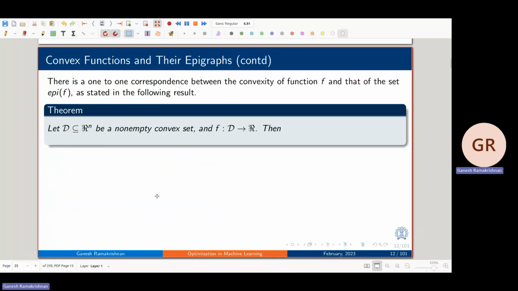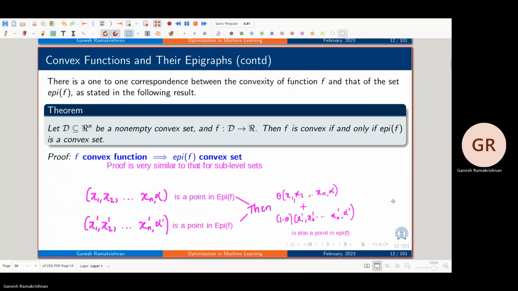If D is a non-empty convex set, then what will you say? F is convex if and only if the epigraph is convex. How would you prove that? F is convex if the epigraph is convex is very simple. The proof is similar to that for sublevel sets, exactly the same.